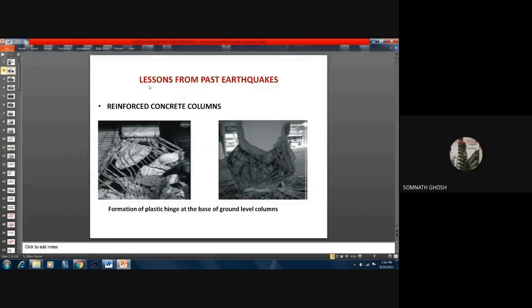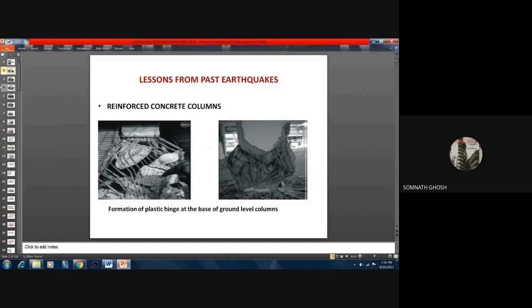These are the real photographs. Sometimes you will get it in the internet. And also, as I work with different organizations for earthquake retrofitting and all these things, some photographs are also with me. I have just given few photographs.